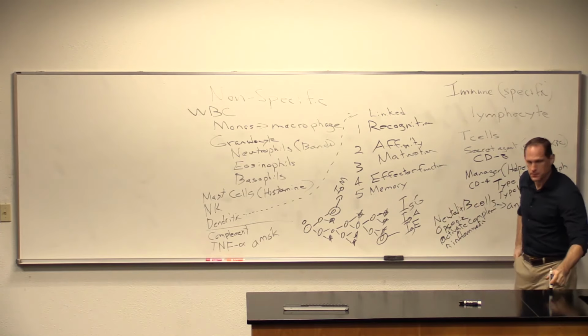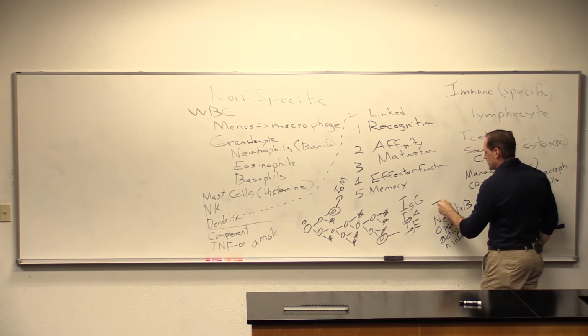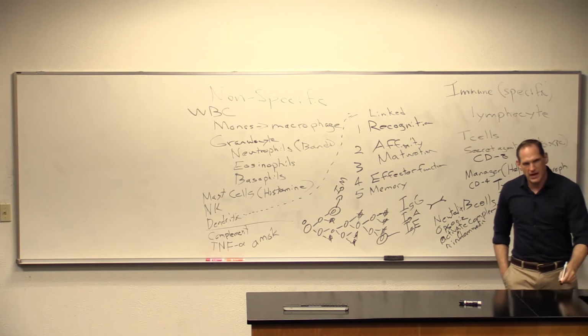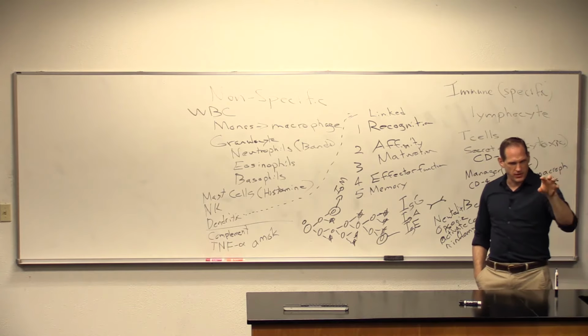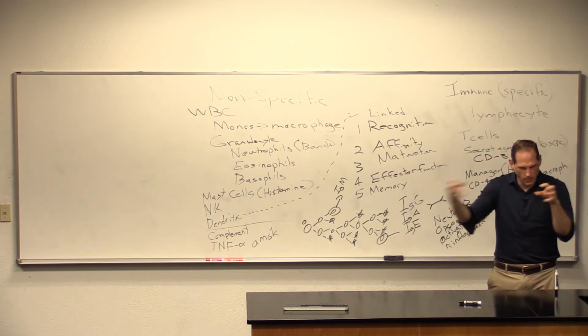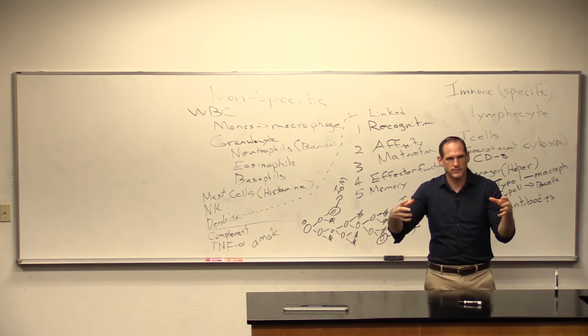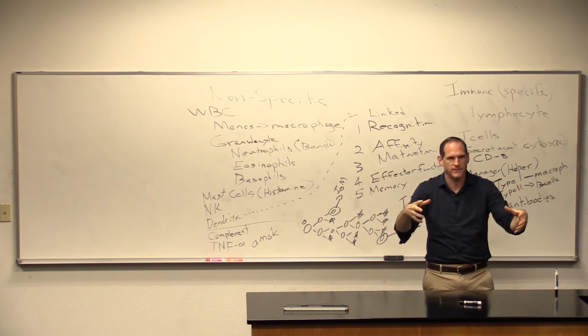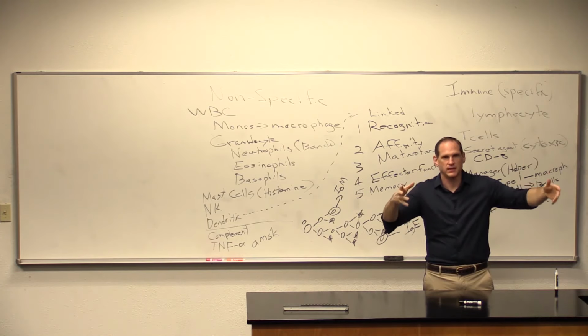IgA has a special property, which is that you get two antibodies stuck together. Now, if you take a molecule and stick a whole bunch of exactly the same molecule together, what do we call that? What's the Greek or Latin for many?